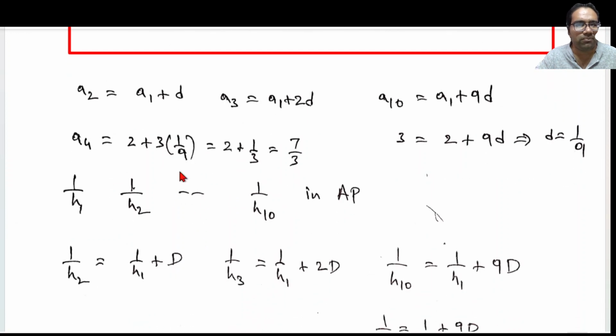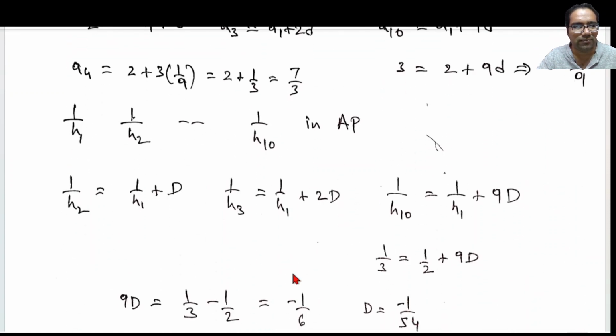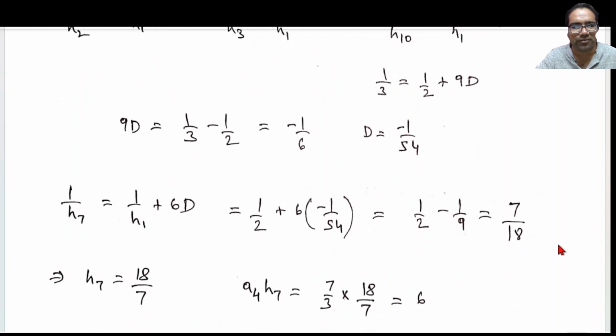Similarly, we want 1 by H7. 1 by H7 is 1 by H1 plus 6D. That is, 1 by H1 is half, plus 6 into this D, which is minus 1 by 54. That is half minus 1 by 9, which is equal to 7 by 18.